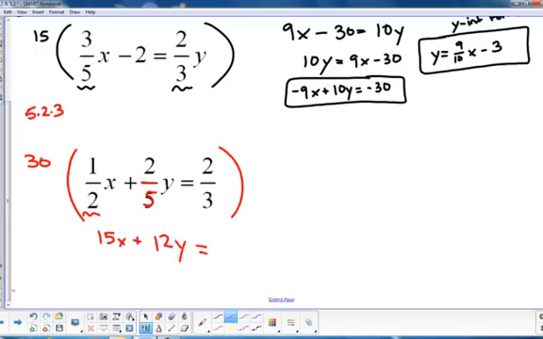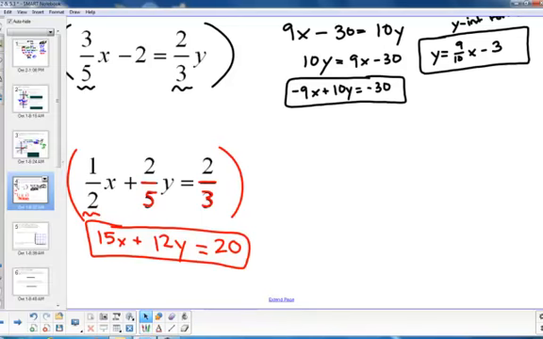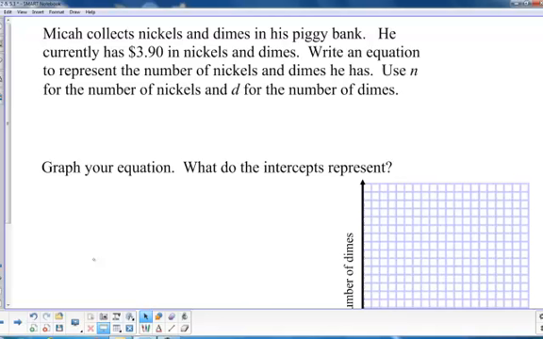And then I'm thinking 30 divided by 3 is 10, and 10 times 2 is 20. And that's standard form. I'm just going to leave it at that. It's not asking us to find other forms. But that's going to be way easier to analyze without the fractions. So the first step is also to get rid of fractions.